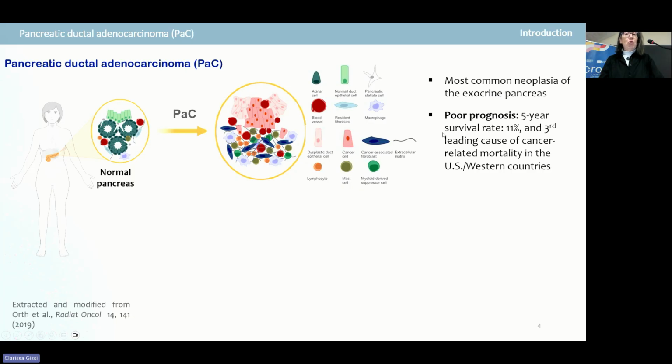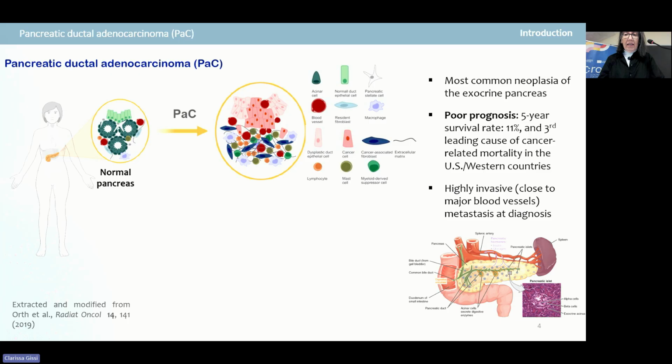It has a 5-year survival rate of only 11% and is the third leading cause of cancer-related mortality in Western countries. One of the reasons is that it is highly invasive, and when it's diagnosed, it usually shows metastasis. This high invasiveness can be explained in part because it's very close to major blood vessels.